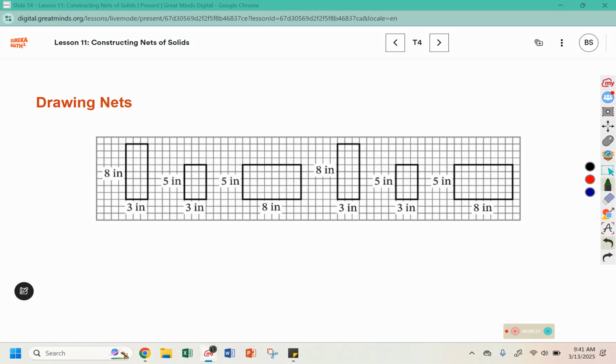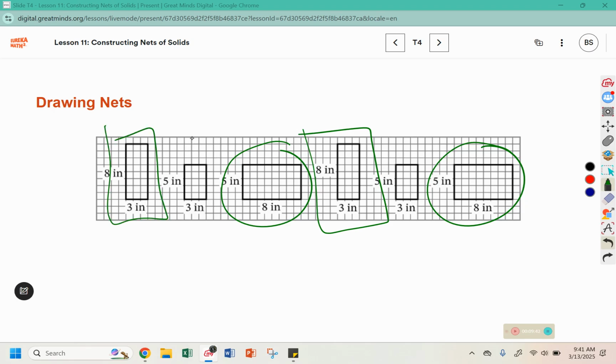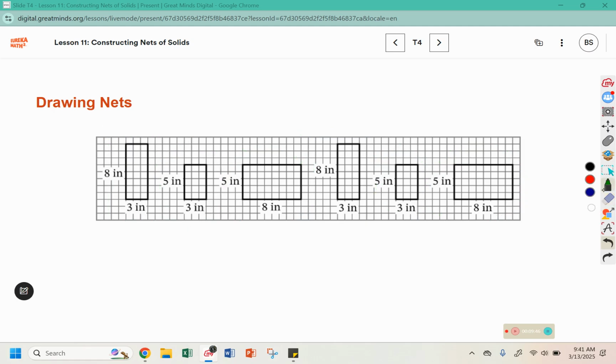Here we see 2 8 by 5s, 2 8 by 3s, and 2 5 by 3s. So there's the 6 faces, each one representing a face of the prism.